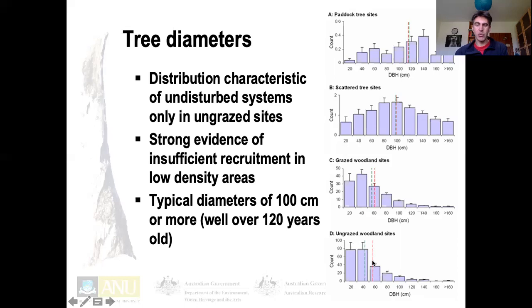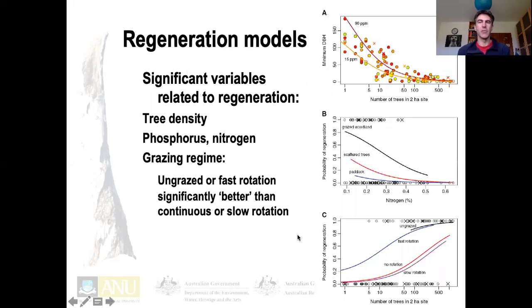And that's a natural shape for a forest or for a woodland. That's what you typically get in a natural ecosystem. You get this sort of drop off of diameters. It means that here you have healthy regeneration going on in type D. In type B and A especially, you don't have healthy regeneration going on. Here you have healthy regeneration going on.